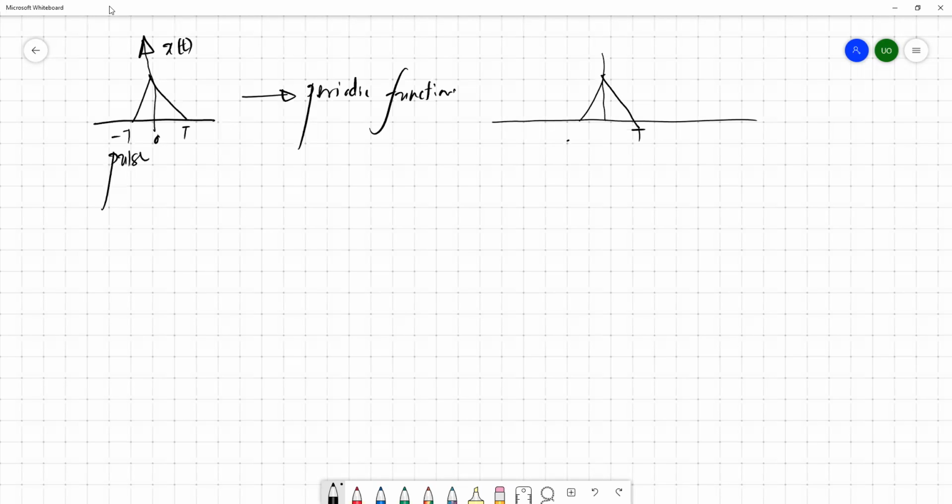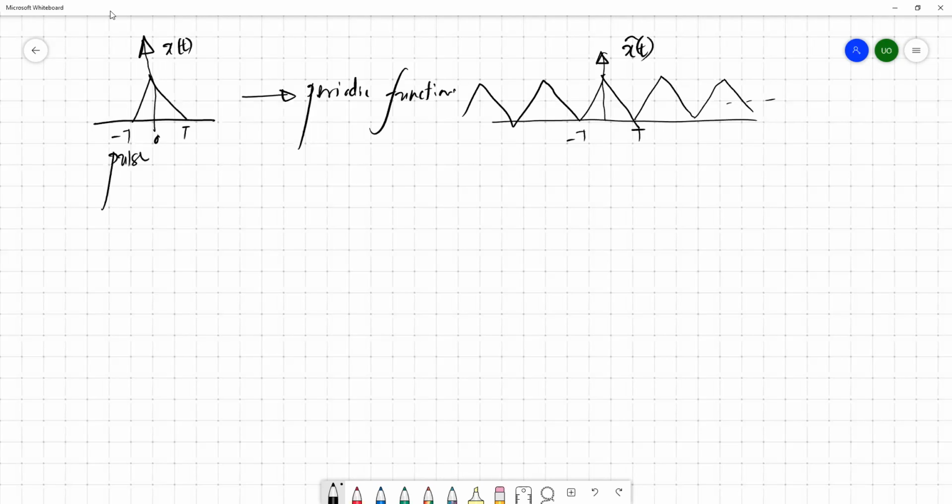You can simply repeat it again and again and develop a kind of function. So this is the periodic function which we derive from this pulse or basic shape. Then this would be the x tilde according to the previous version.